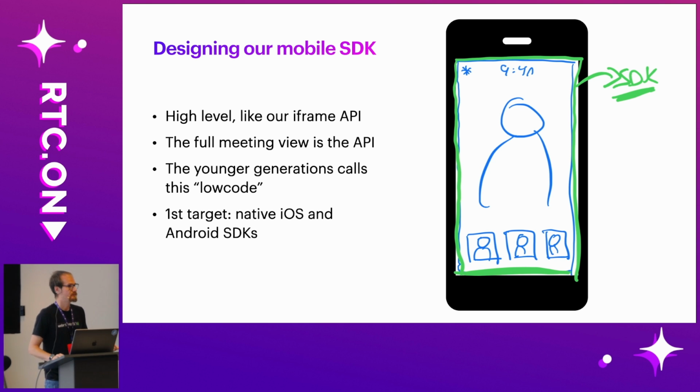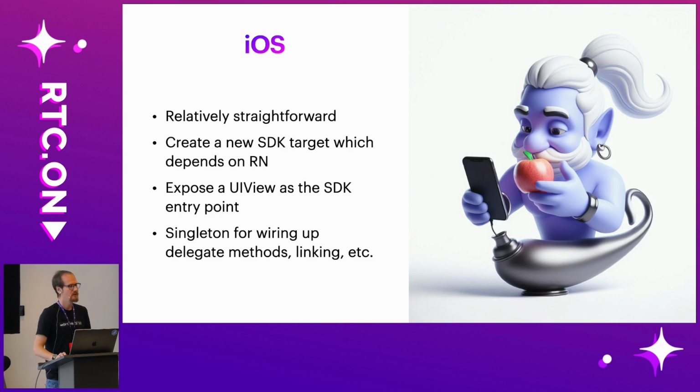Now remember, we had built a React Native app, so we needed to take that into an SDK. Kind of inspired in a way by, for instance, the Google Maps and the YouTube SDKs, which have a similar full frame style or partial frame API. That's what we set out to build. In iOS, it's actually relatively straightforward. In general, you would have one target for your application, which is everything.